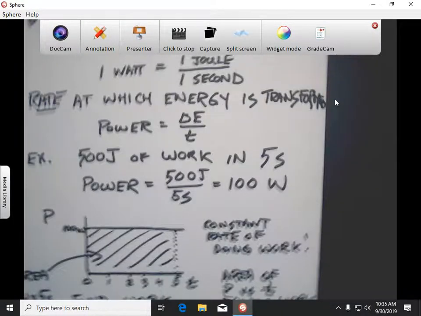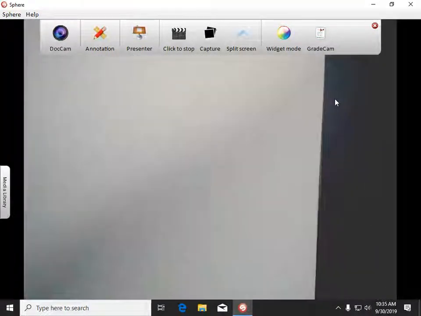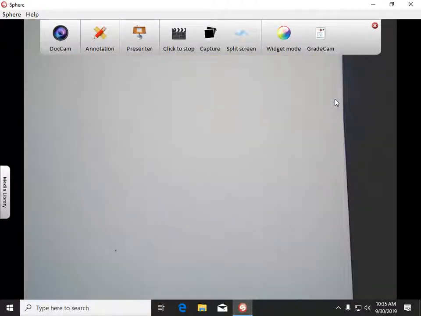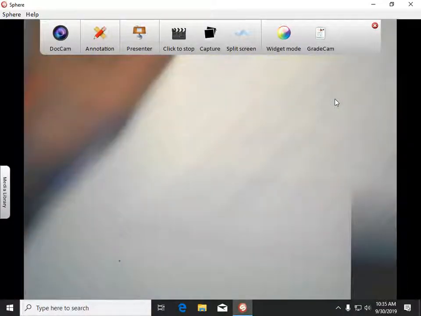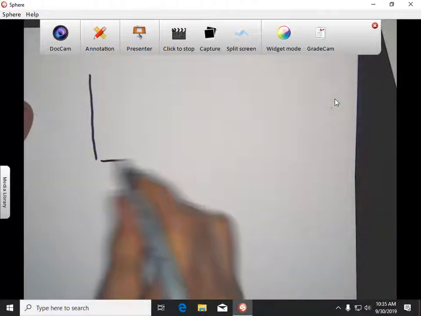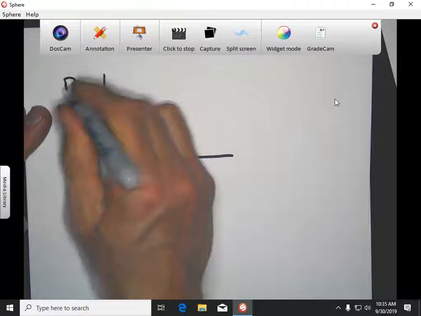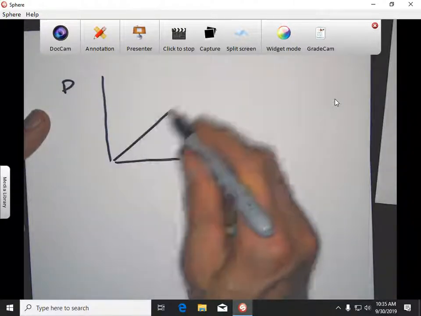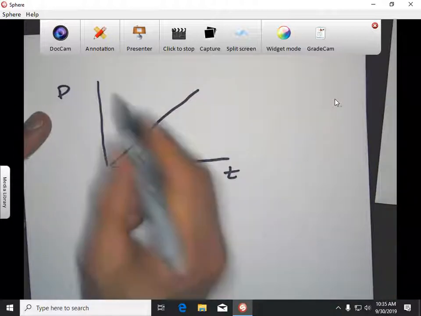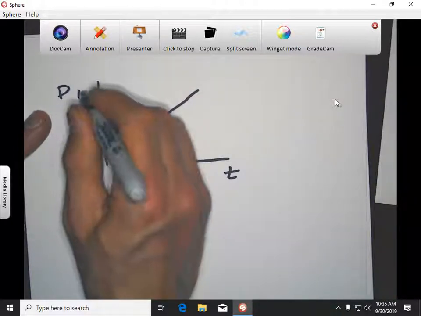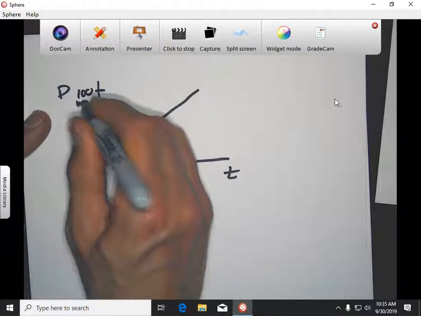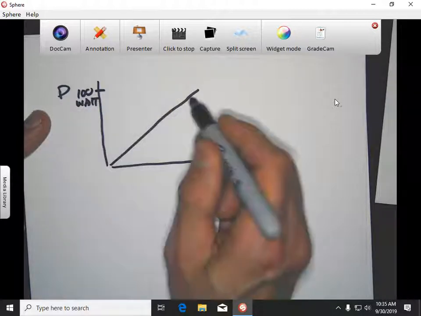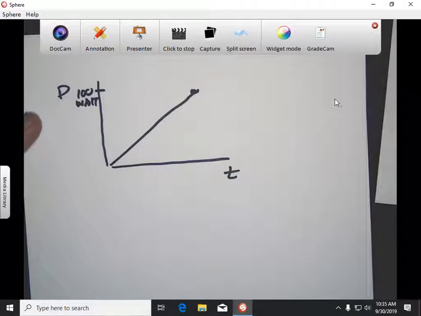Okay. One last example that's similar to that would be, what if the power changes? What if you have power versus time, and the power changes, like so, where it takes you a while to develop a power of 100 watts.